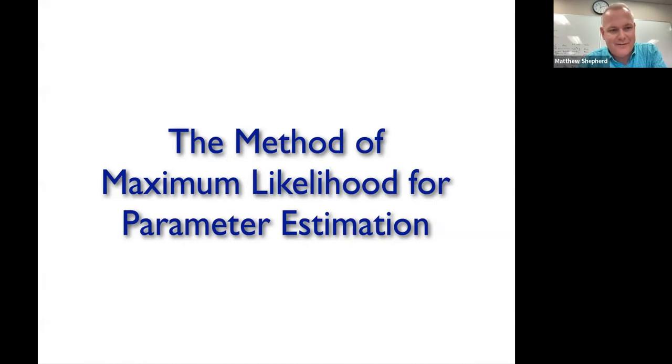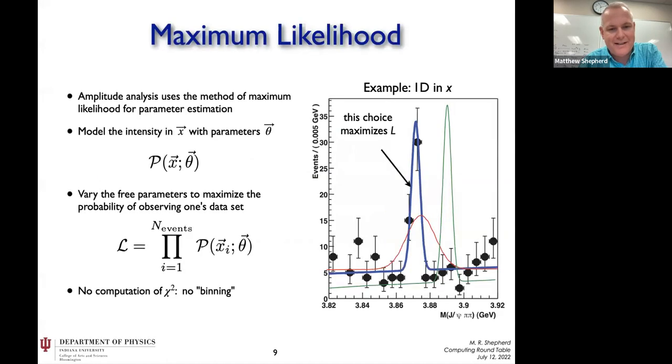The idea is that you write down a PDF, a probability distribution function, that describes the probability of observing an event subject to some parameters you want to vary, and then you maximize the likelihood with respect to those parameters. Given a data set of n events, you maximize the probability that you would observe that data set by varying the parameters.